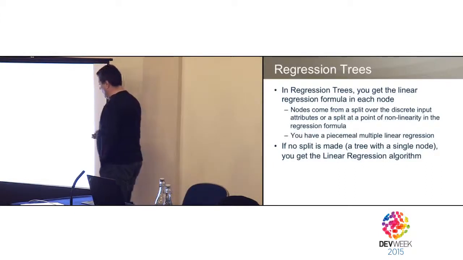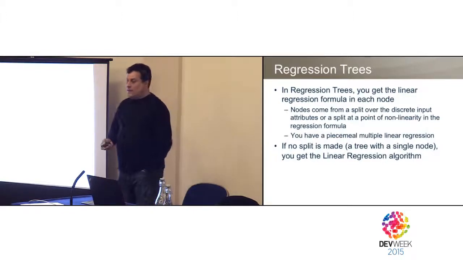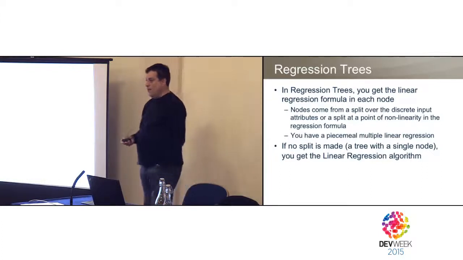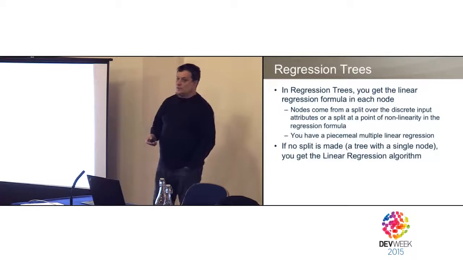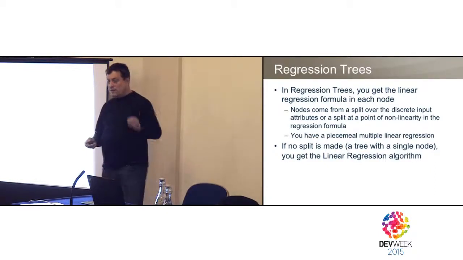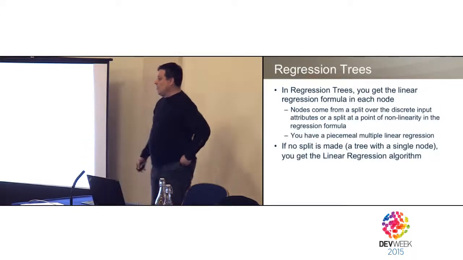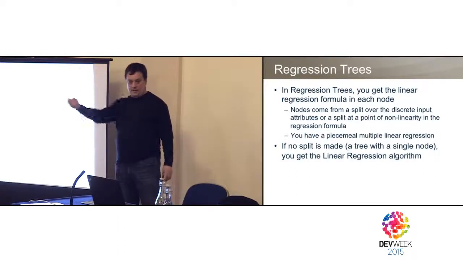Regression trees can be even smarter. Now imagine that you don't have any discrete input variable, but you have multiple continuous ones. You can define these splitting points also at the points of nonlinearity of these continuous variables. Imagine that you have some variable that goes like a sine.